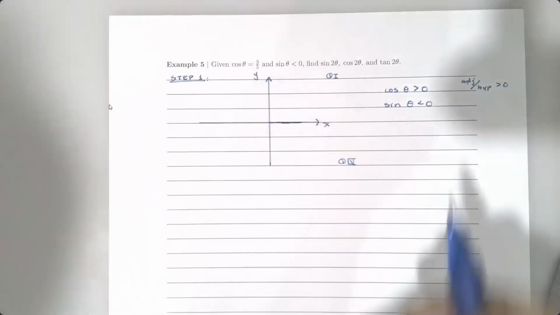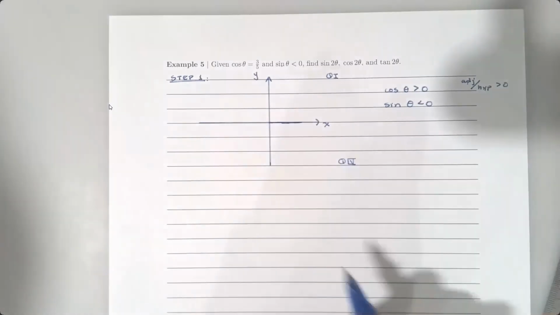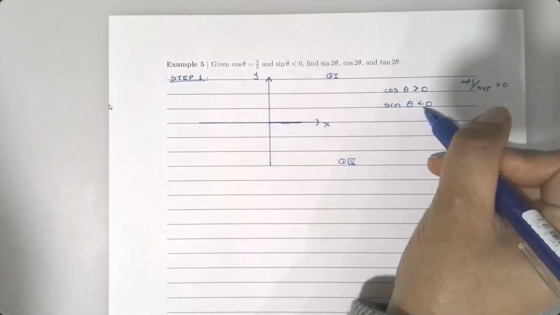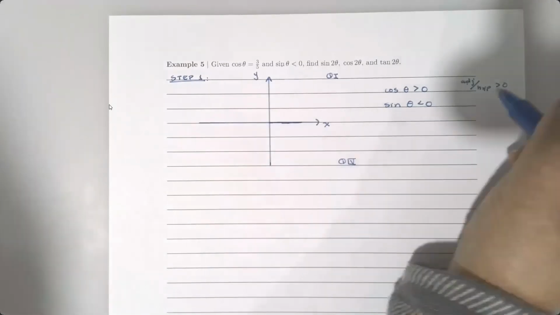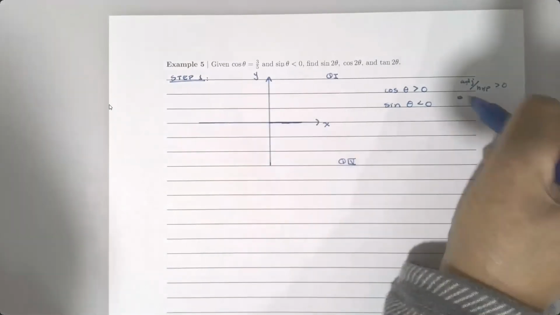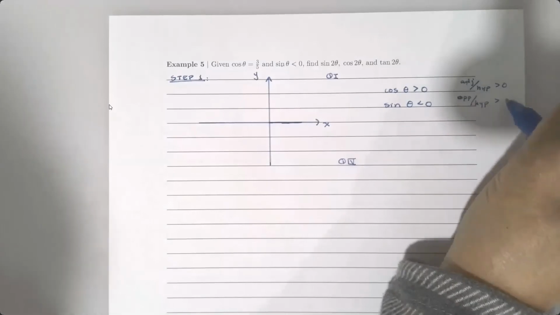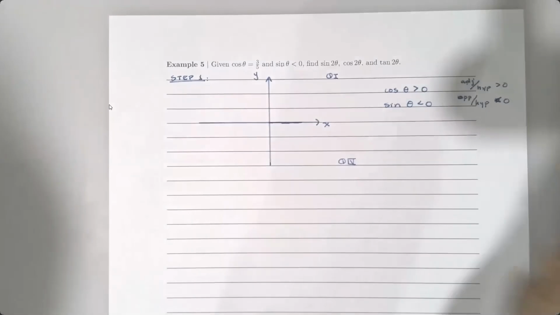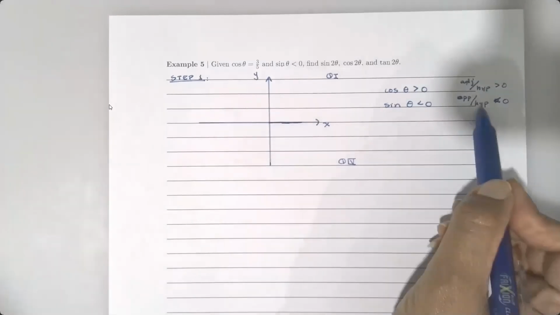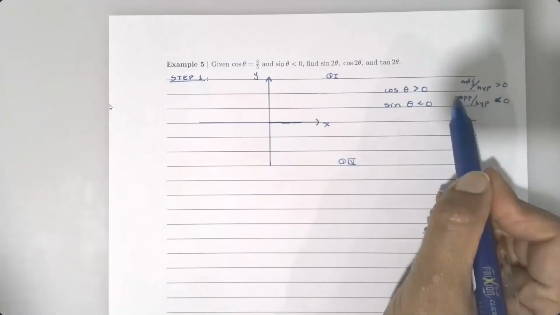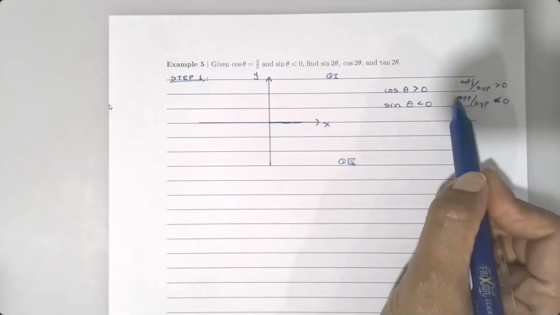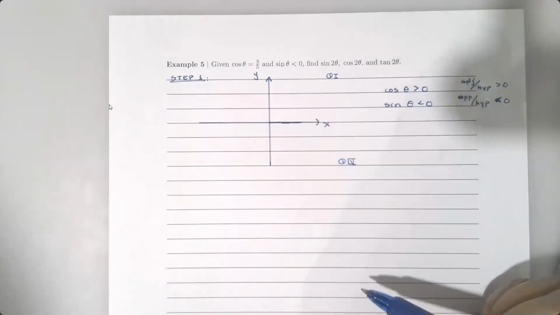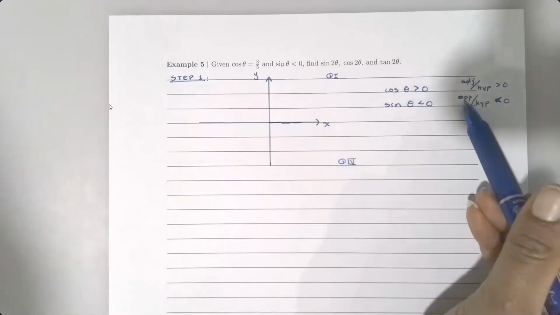the positive x-axis. Now for sine of theta, we have a negative, and remember sine is opposite over hypotenuse. And that's negative. So if hypotenuse is always positive, that means that the opposite side is forced to be negative, right? So which of these two quadrants satisfies that the opposite side is negative?